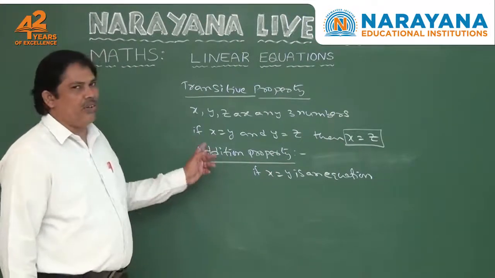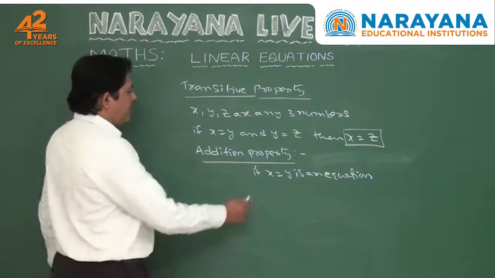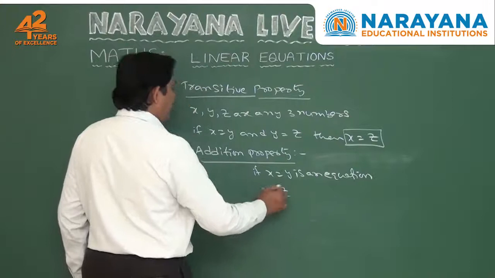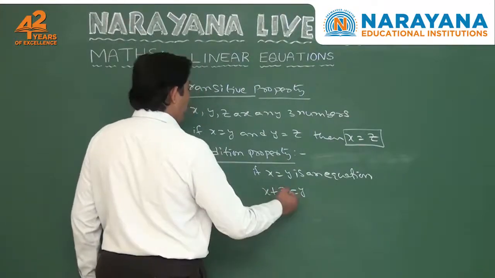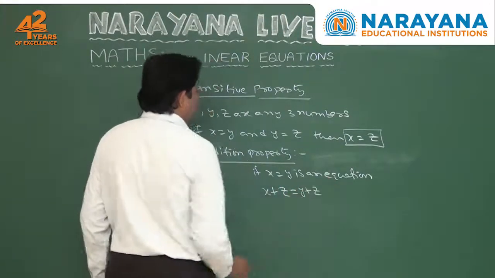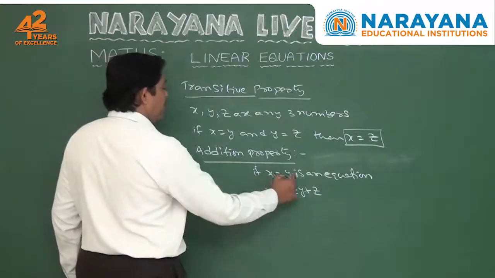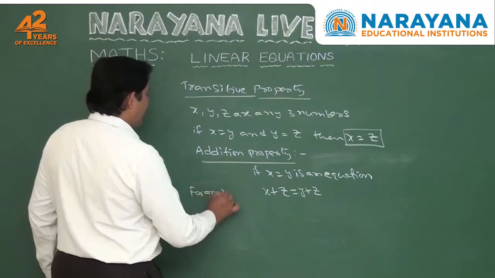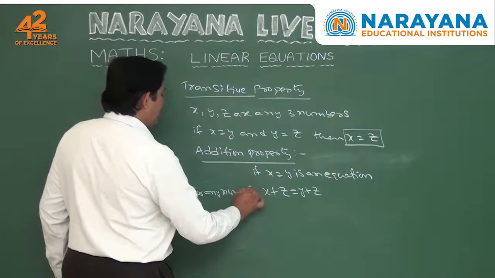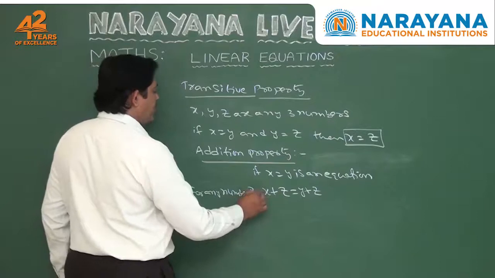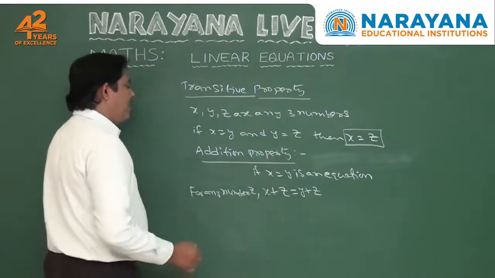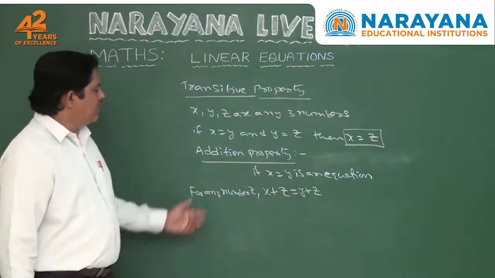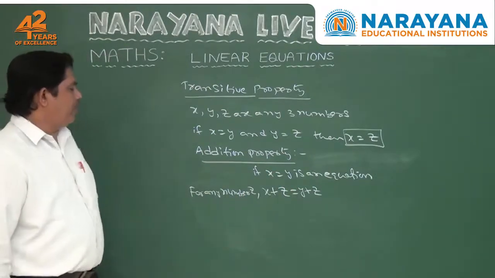Here we are adding z to both sides: x plus z equal to y plus z. This is called the addition property.